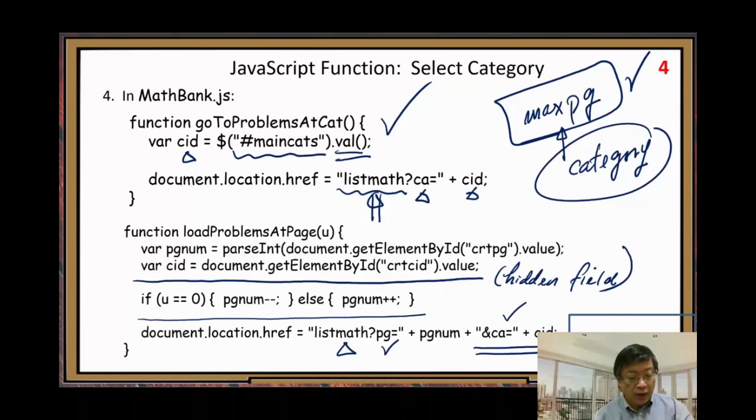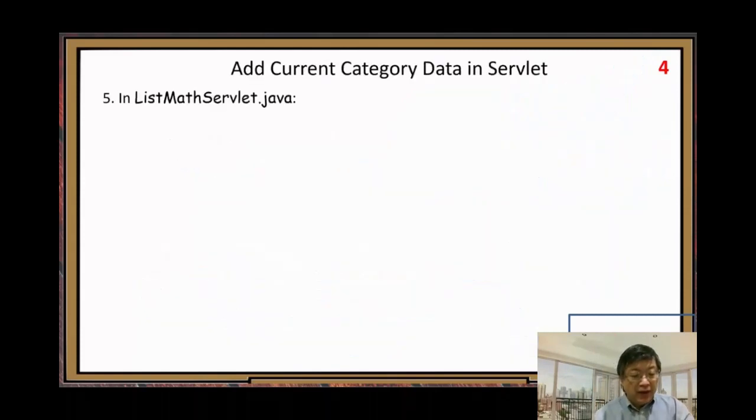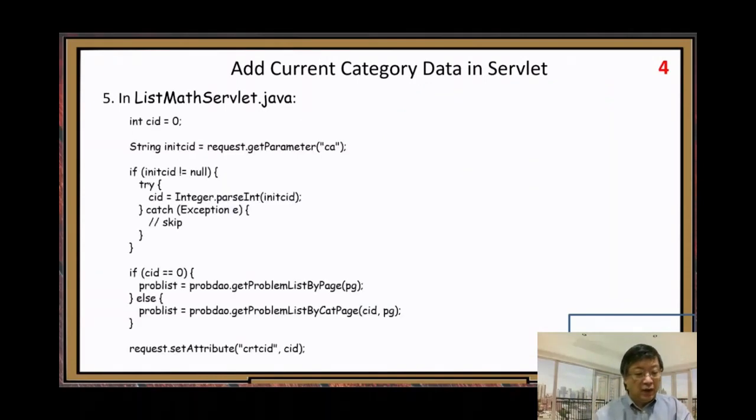Next, the last one, in the list math servlet, we need to do something for the selected category. We use an integer variable CID. After that, we retrieve the CA parameter's value, but it's a string value by default, so we need to do conversion.